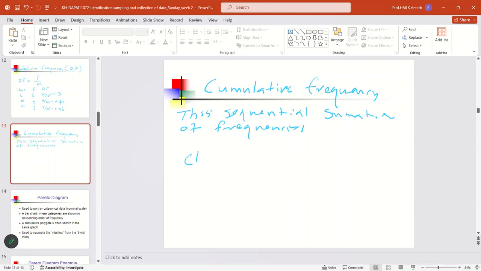The classes here: low, medium, and high. Right? Then frequency is 6, 9, 5.